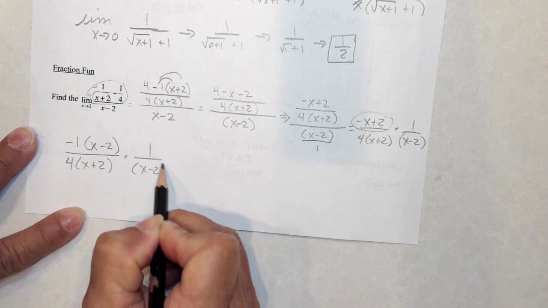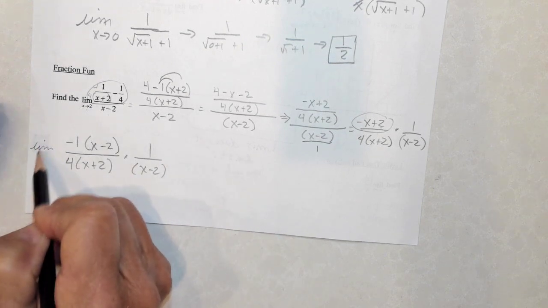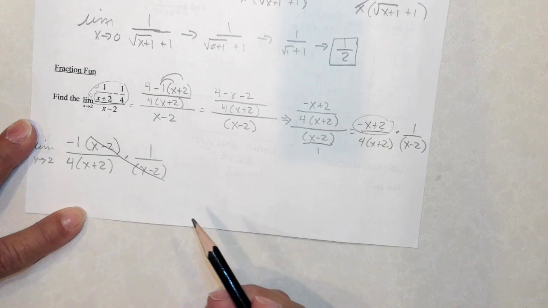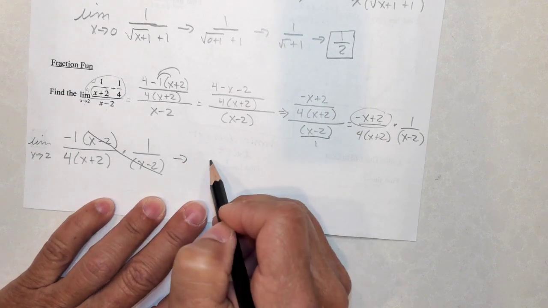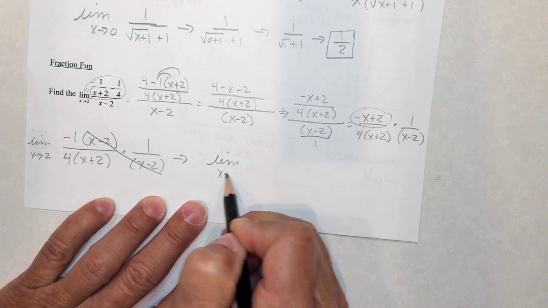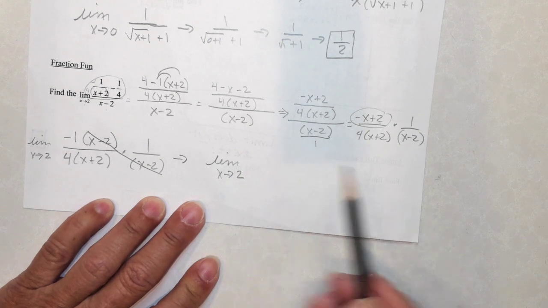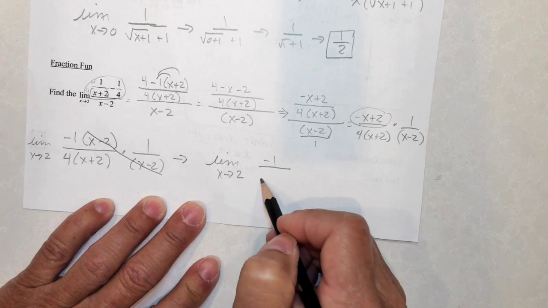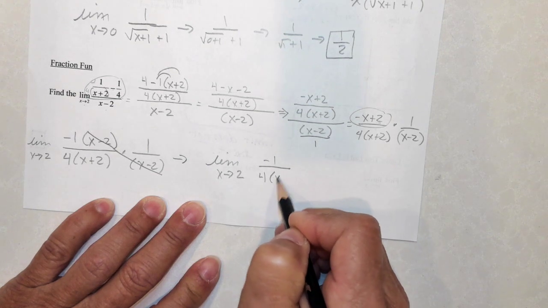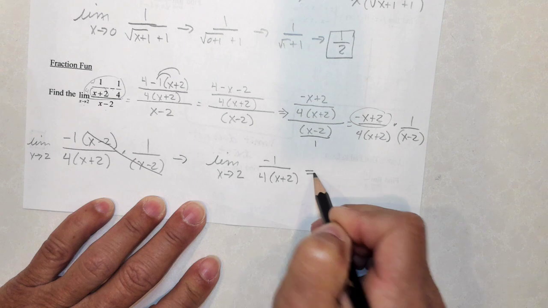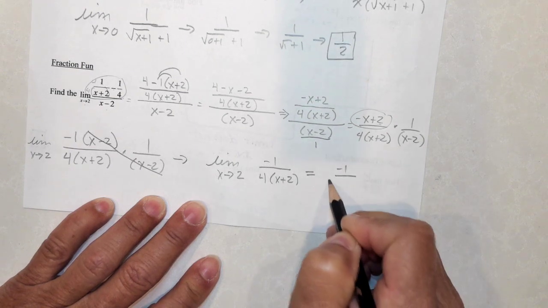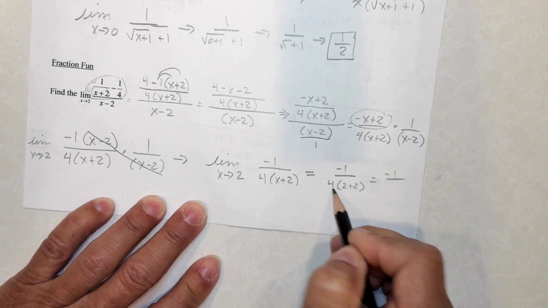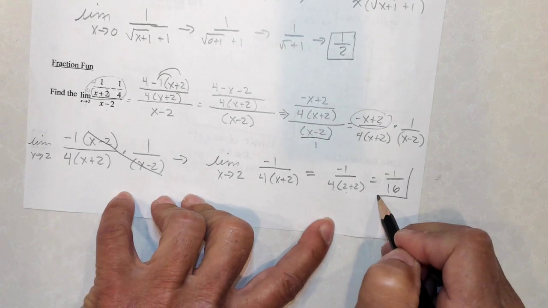But the beauty of that, and keep in mind, I'm still looking for the limit as x approaches 2. Now these cancel. And now I'm going to be good to go, because now I can go ahead and use direct substitution without getting a 0 in the bottom. The tops are negative 1 when you multiply them, and in the bottom I have a 4 and an x plus 2. So when I use direct substitution and put the 2 in there, I end up with negative 1 over 4 times 4, or negative 1/16.